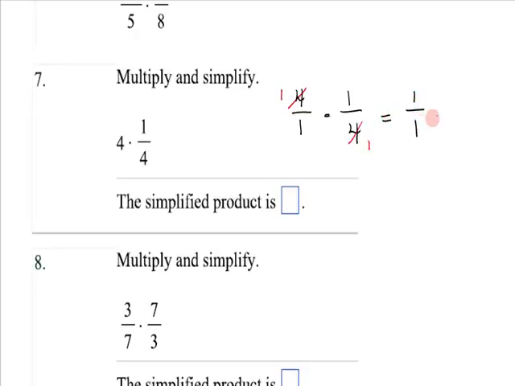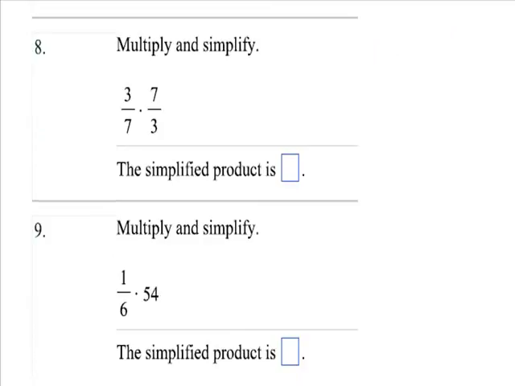I end up with 1/1, but 1 goes into 1 one time. These two numbers are called reciprocals. They are flips or inverses of each other, and the product of reciprocals is always going to be the number 1.